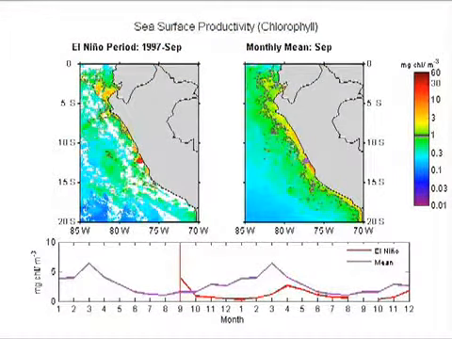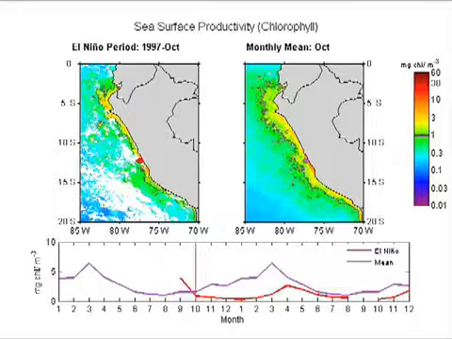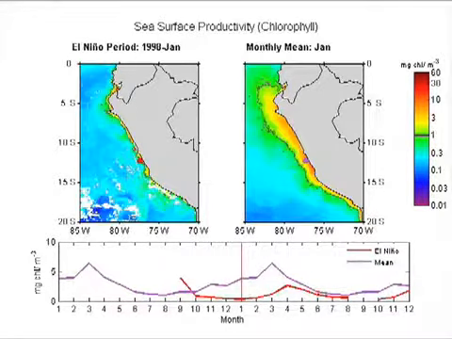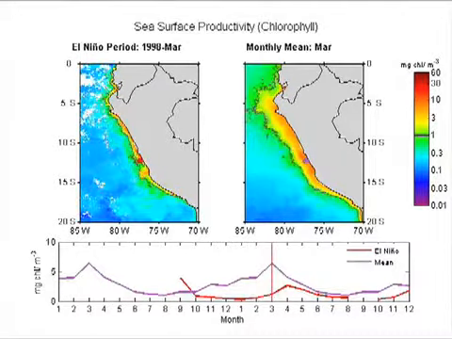This figure shows phytoplankton concentration data from SeaWiFS. Blue is low concentration of phytoplankton, green and yellow are higher concentrations of phytoplankton, with red the highest concentration. The map on the left shows phytoplankton concentrations during an El Niño period.